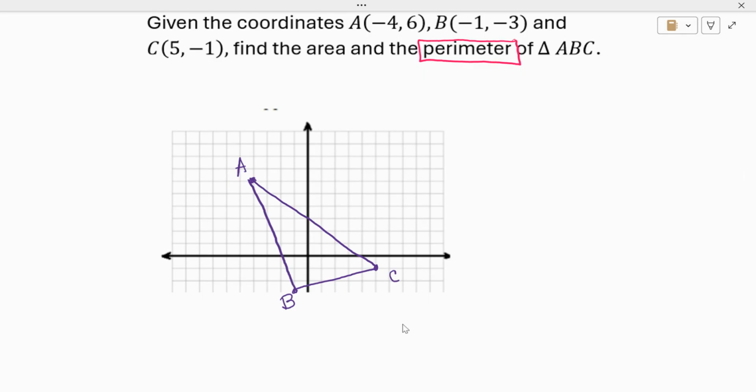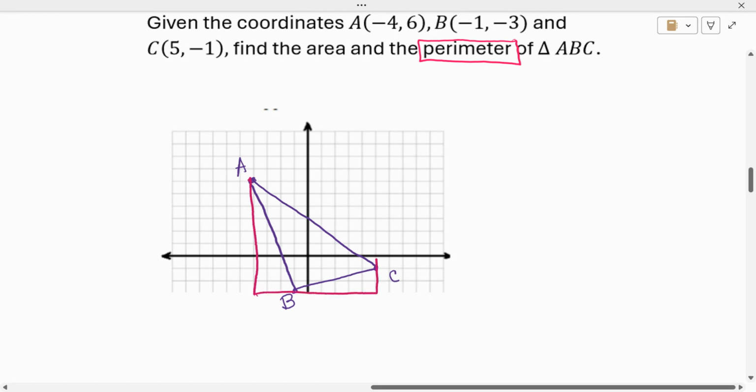So we're going to have to turn it into that square again, right? Okay. So let's turn it into the square just like we did when we were calculating the area. We're going to turn it into a nice square. And I'm going to label the sides that we are missing.